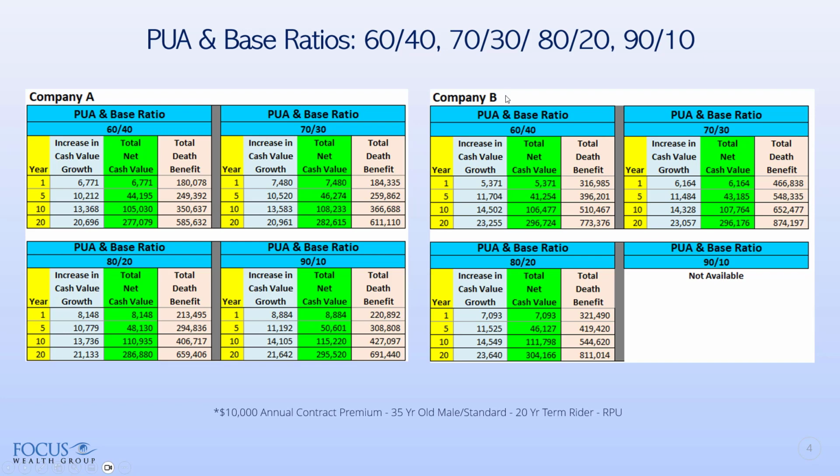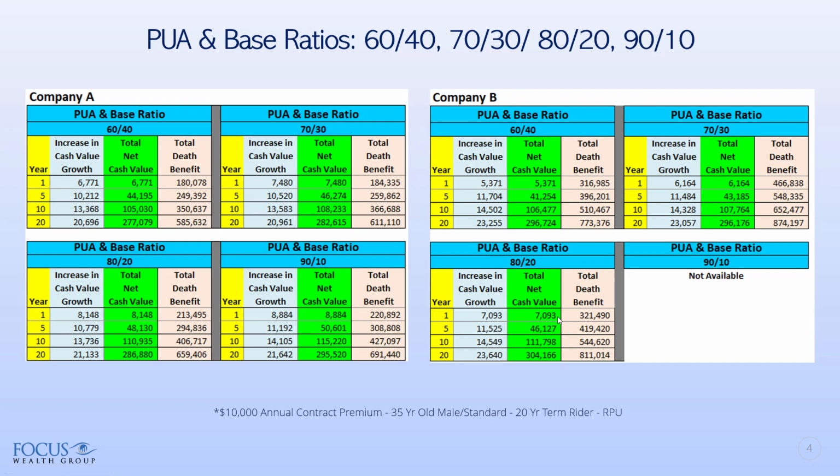Company B does not have a 90/10 design, but look at this. Long term, company B's 80/20 design is actually higher in cash value than company A's 90/10. We don't see that in the early years, but eventually it does happen.